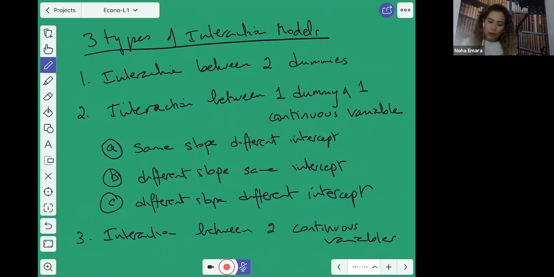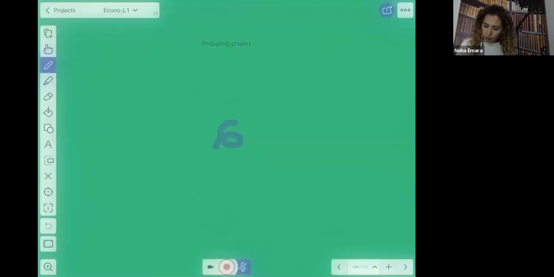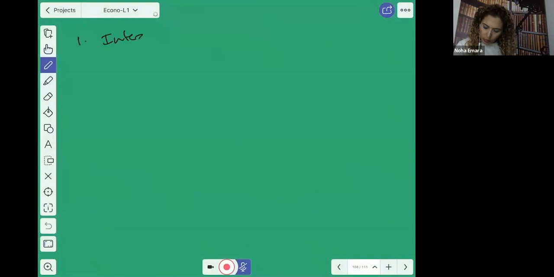So let's see this example. Let's start with interaction between 2 binary variables, or 2 dummy variables.